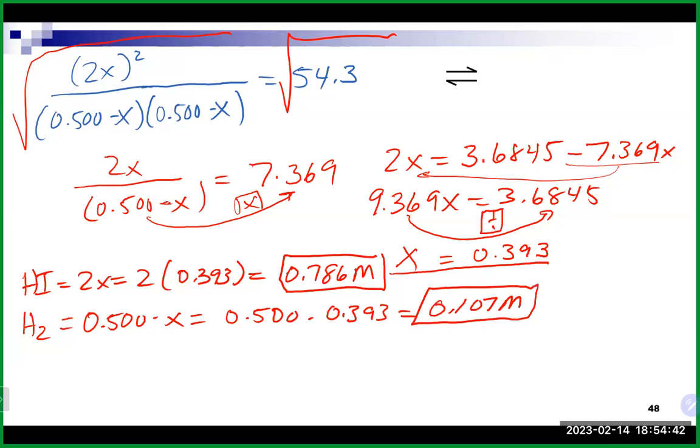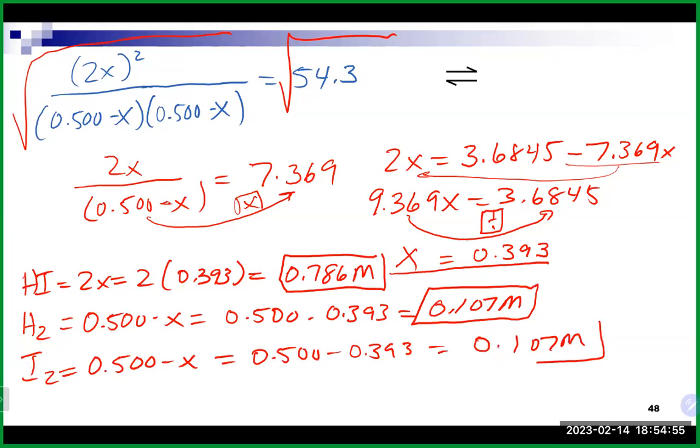And lastly, our I2 should be the same since at equilibrium it was 0.5 minus x, giving us 0.5 minus 0.393, giving us 0.107. So these equal, obviously, the equilibrium concentrations of everybody at this point.